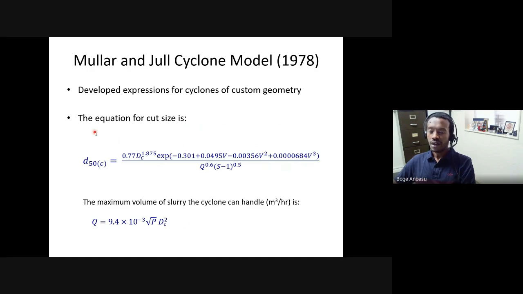You could have other models that could apply based on what you're looking at in that particular software package. Another similar one that you can use for predicting hydrocyclone performance and for predicting model parameters is the Mueller and Joule cyclone model.